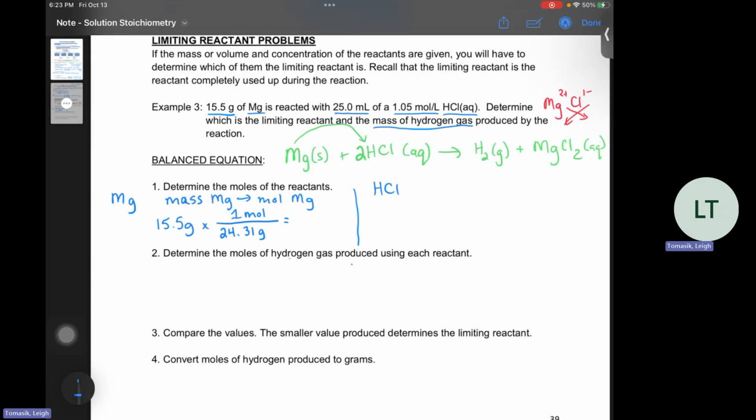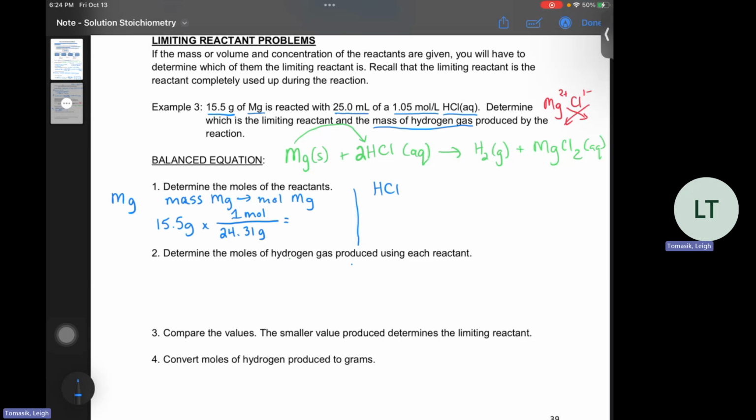Okay, put that into the calculator. 15.5 divided by 24.31 gives me 0.6375. Let's see, I need 3 significant figures.